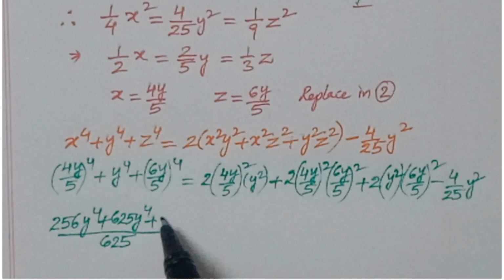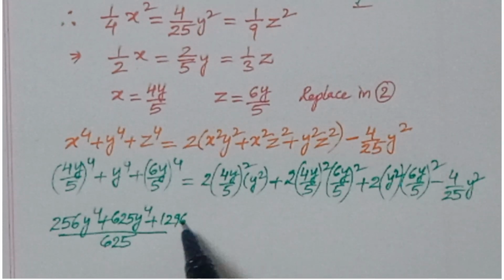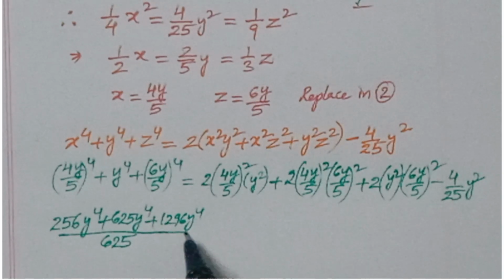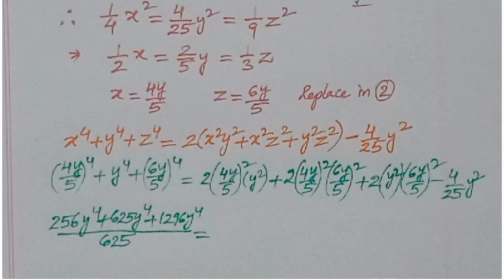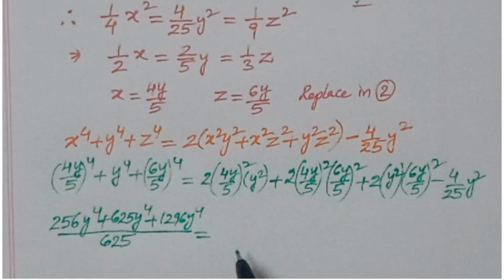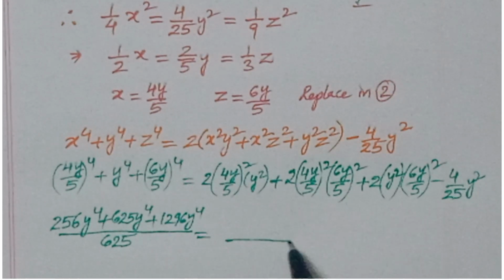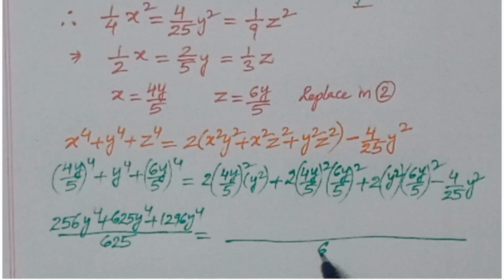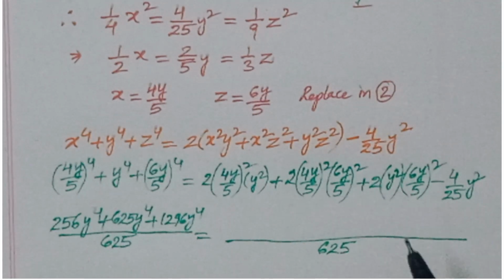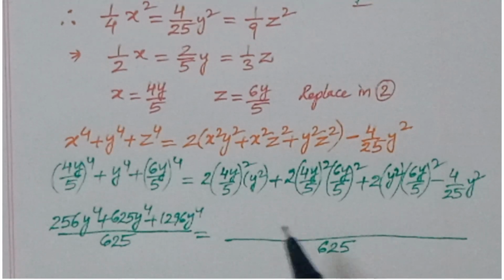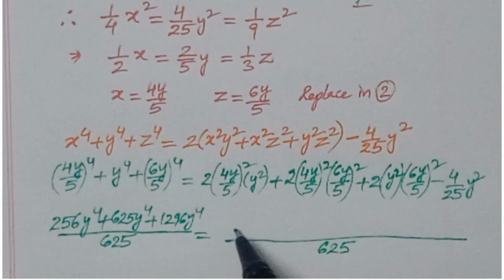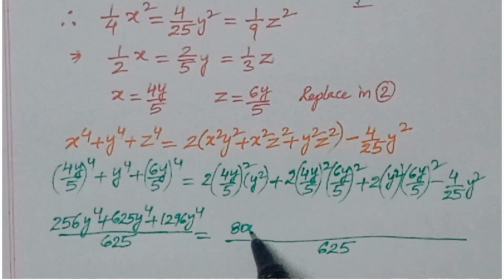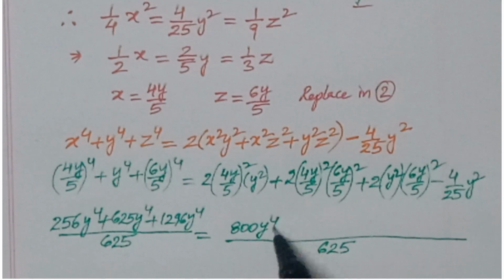Here we'll get 1296 y to the power of 4 is equal to, here also we are taking LCM 625. So this one will get 800 y to the power of 4.